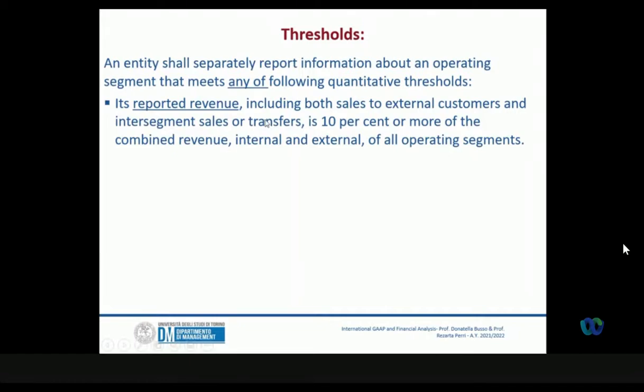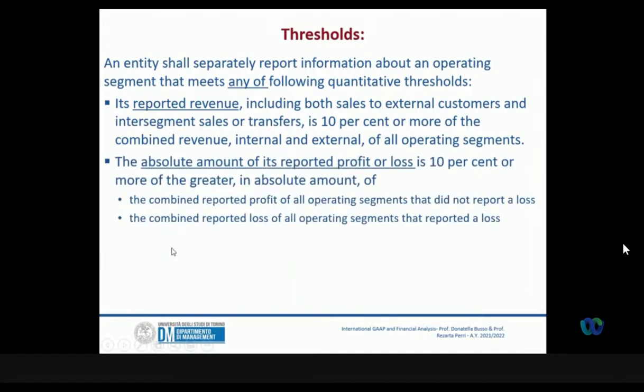Okay, so we have the absolute amount of its reported profit or loss. This is another threshold that should be met. The absolute amount of the reported profit or loss should be 10% or more of the greater, in absolute amount, of the combined reported profit of all operating segments that did not report a loss, or the combined reported loss of all operating segments that reported a loss.